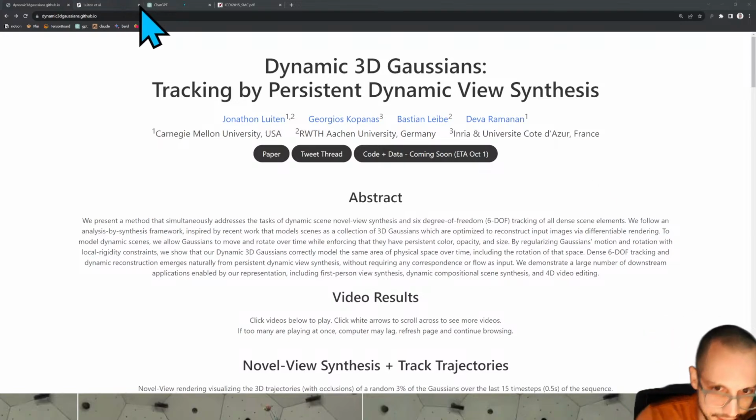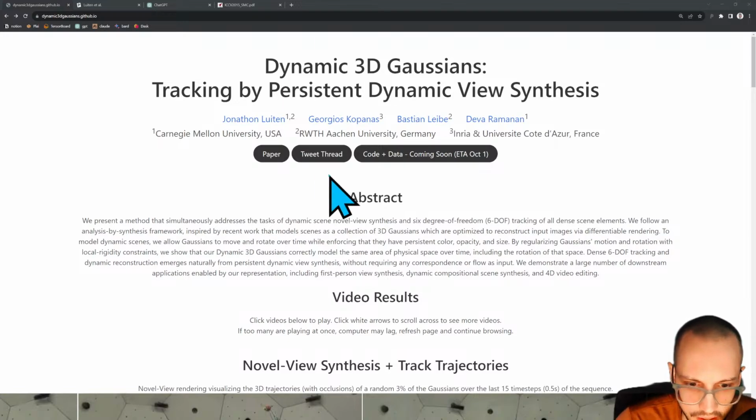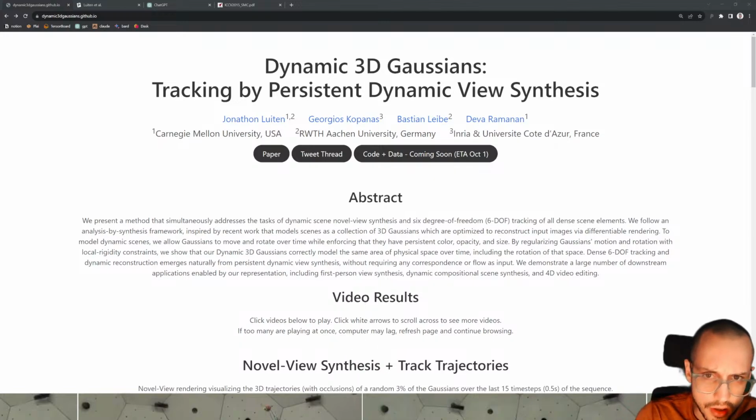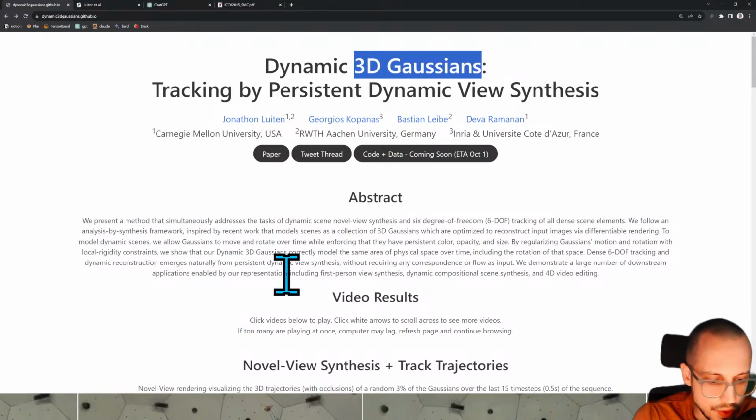All right, so today we're going to be looking at a paper called Dynamic 3D Gaussians: Tracking by Persistent Dynamic View Synthesis. This is kind of an extension of one of the works that we looked at last week that was all about these 3D Gaussians, which are kind of a new 3D format that's taken the world by storm here, kind of coming up against NeRFs, which I would say is the biggest competitor to 3D Gaussians.